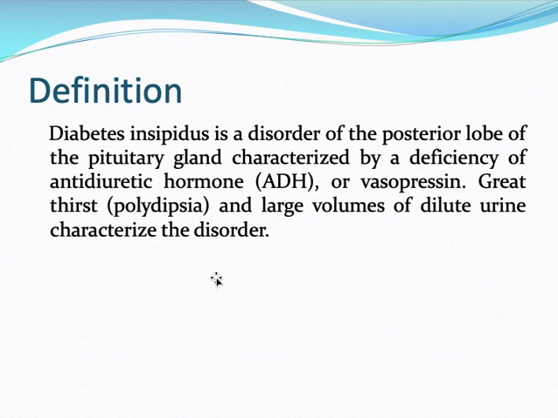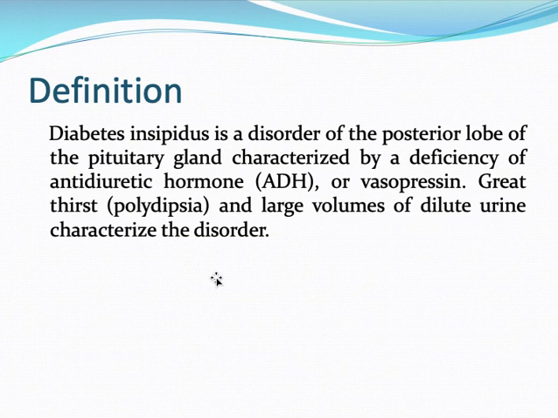For example, when someone is not taking enough water, the body goes towards dehydration, but this hormone will be released and act on the kidneys, and the kidneys will start conserving water for the body, or you can say less formation of urine or less loss of water in the urine.